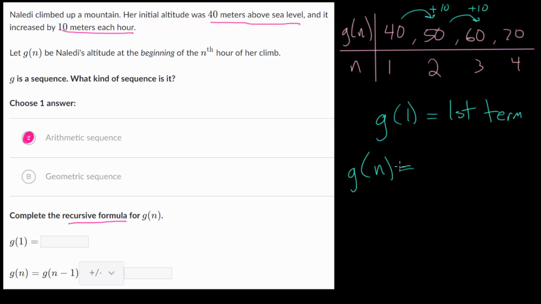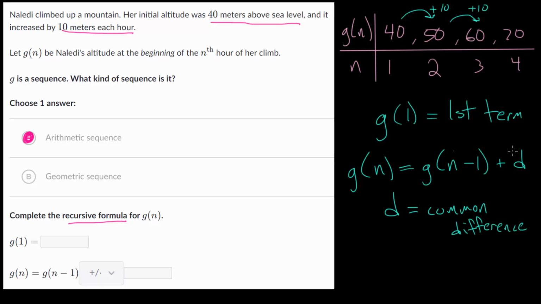So to find the nth term, you take the term before that, the n minus 1 term, and then you add that common difference, which in this case we can just call D. So D, that's our common difference, which in our case we found to be equal to 10. So we can just match this up with what we know. So we know G of 1, that is 40, since at the beginning of the first hour, she was 40 meters above sea level.